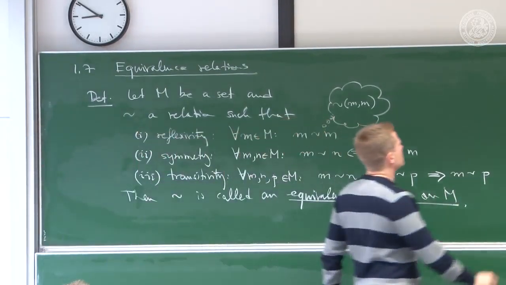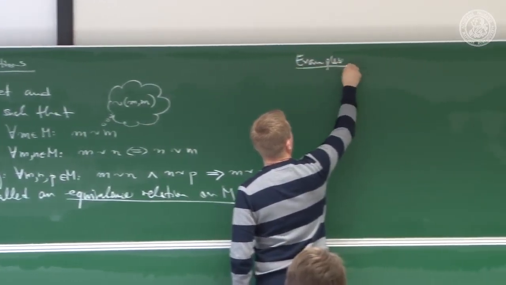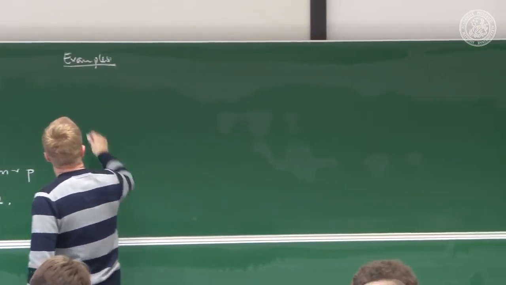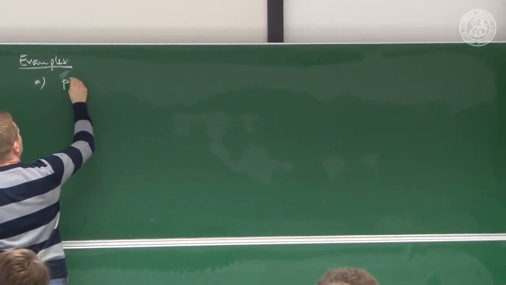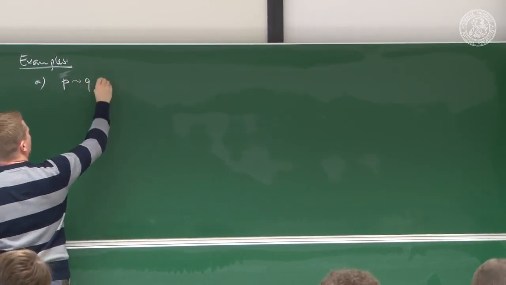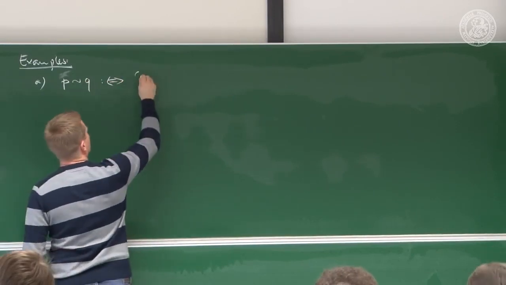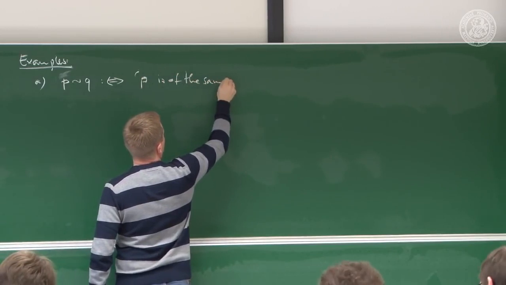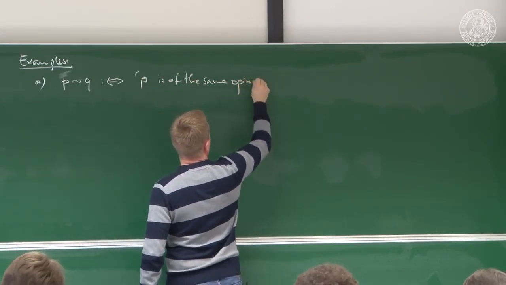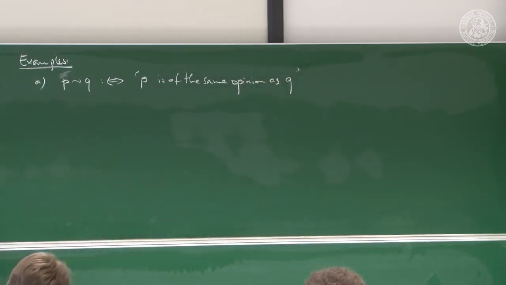Now, some examples are in order. So let's say, first example, let's define p twiddle q. By definition, this is supposed to mean that p is of the same opinion as q. Let's think of them as human beings.